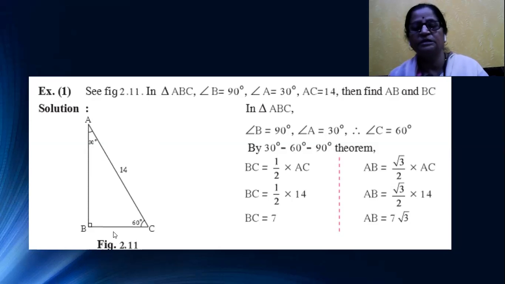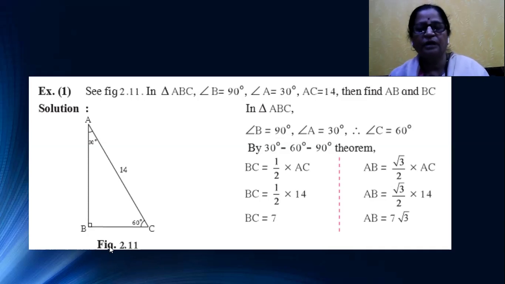That is, BC is equal to half into AC, where AC is the hypotenuse. AC is given as 14, so BC is equal to half into 14. By dividing, we get BC is equal to 7.